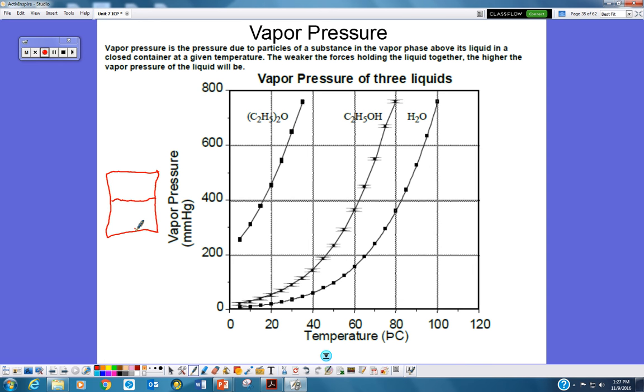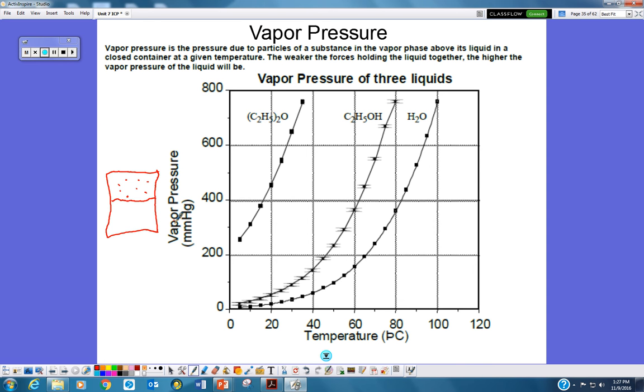All right, guys. When you have any type of liquid at a given temperature, some of the molecules are going to escape into vapor. That's why a closed water bottle or any kind of closed bottle will produce some pressure in there.